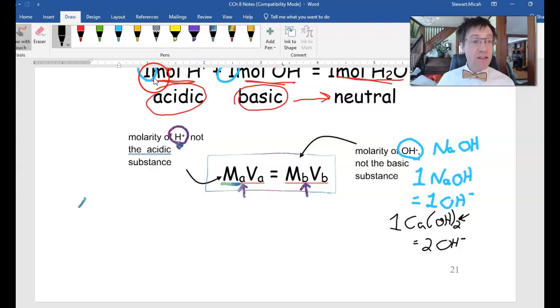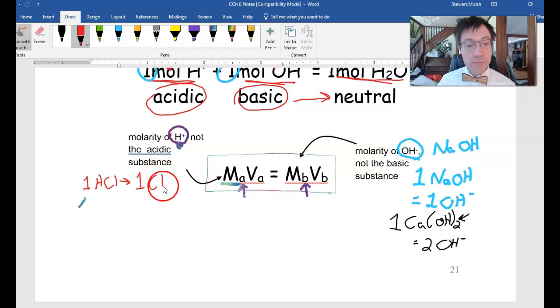Same thing with the acids over here. If we have good old hydrochloric acid, that's HCl, 1 HCl is going to give us 1 hydrogen ion, and that is what acts in our neutralization reaction.